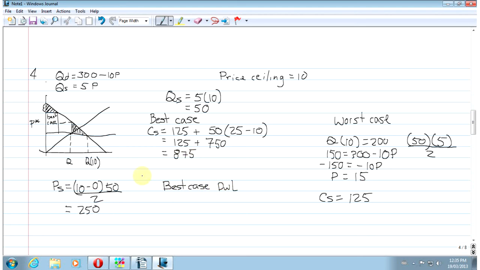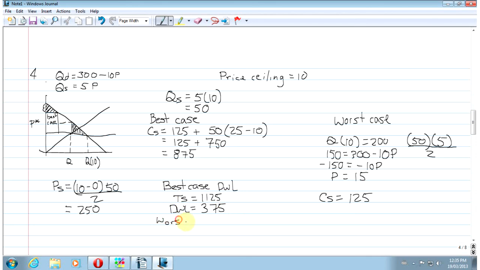Producer surplus plus consumer surplus gives us total surplus of 1125. And if we subtract that from the 1500 in our benchmark case, we get 375.